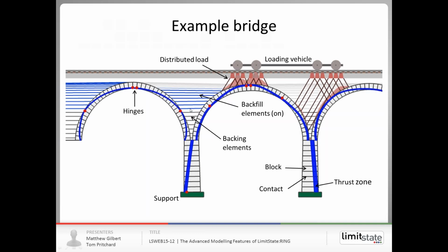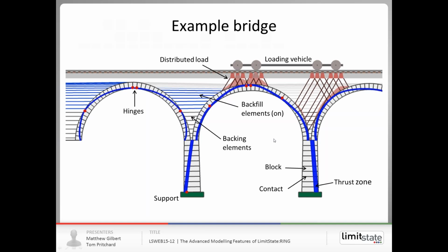Backfill elements can be on or off, as I mentioned earlier. So here we can see that above the first pier we have mobilization of passive soil pressures, but we don't have that above the second pier. And here we've also got backing elements. So backing elements can be considered to be stronger backfill elements where we have a larger resistance, and they're used to model masonry or concrete infill in a bridge of this sort.